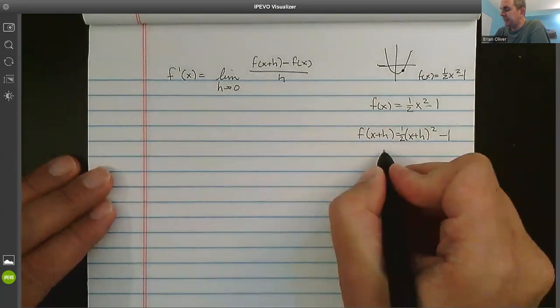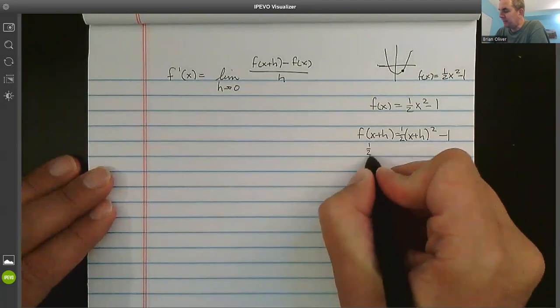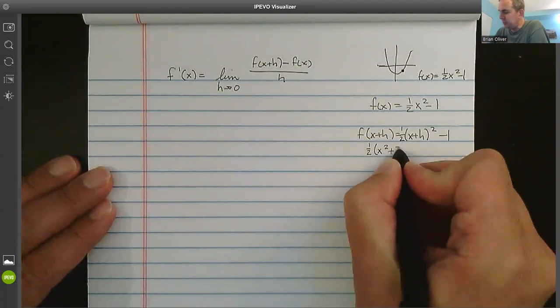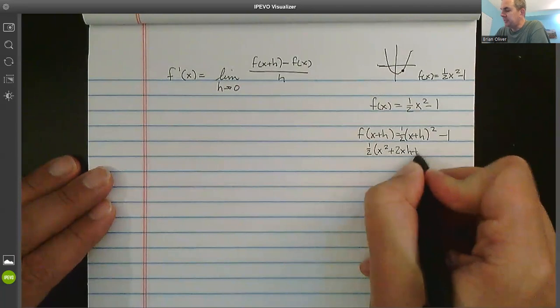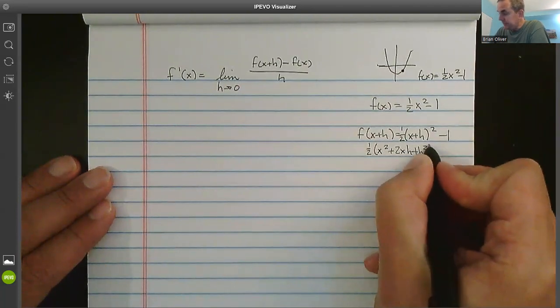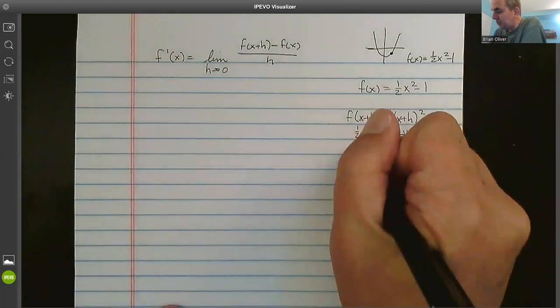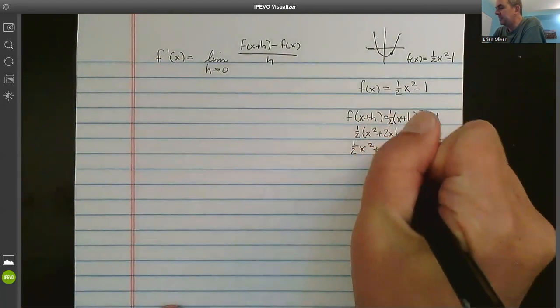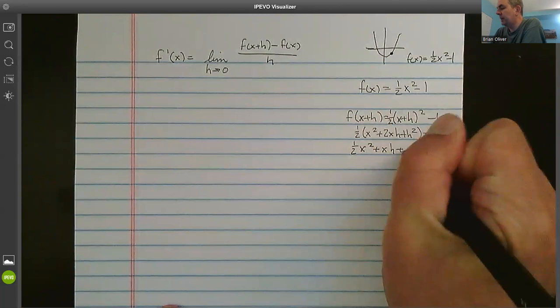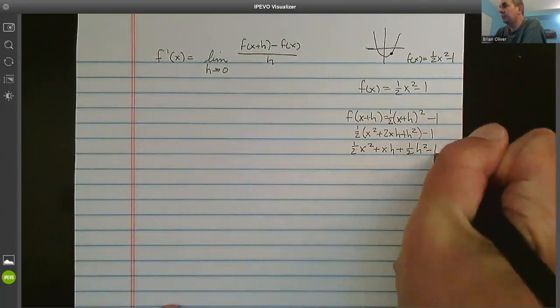Then I'm going to expand everything out. This becomes 1/2 x squared plus 2xh plus h squared minus 1, which is 1/2 x squared plus xh plus 1/2 h squared minus 1.